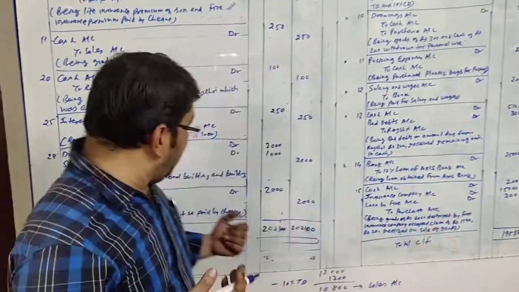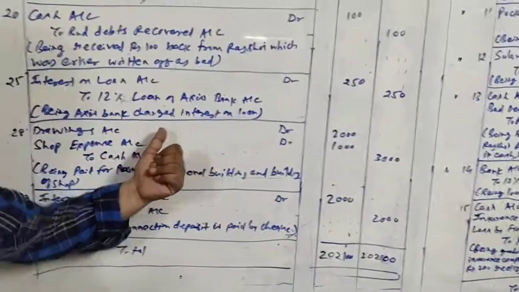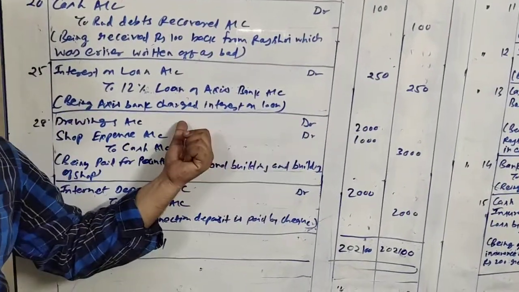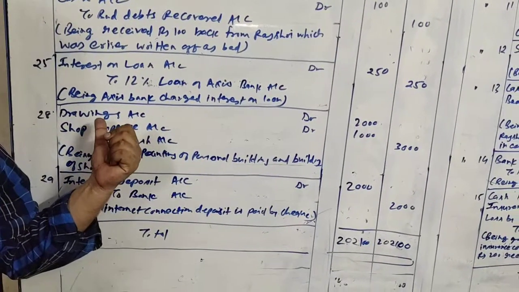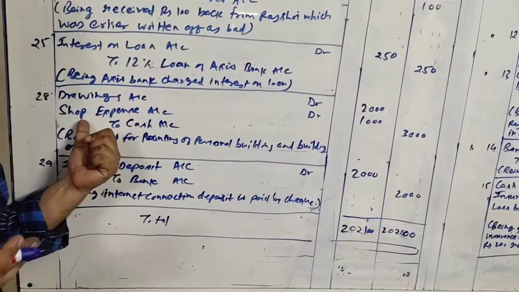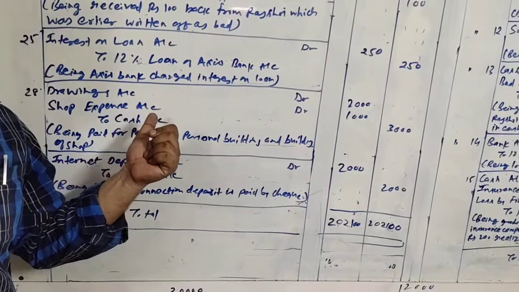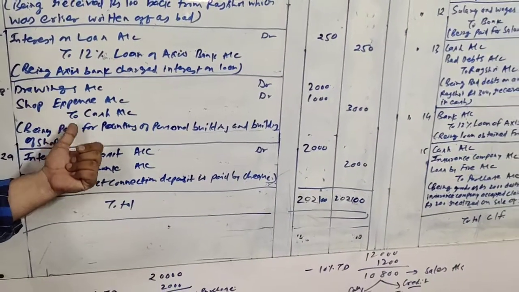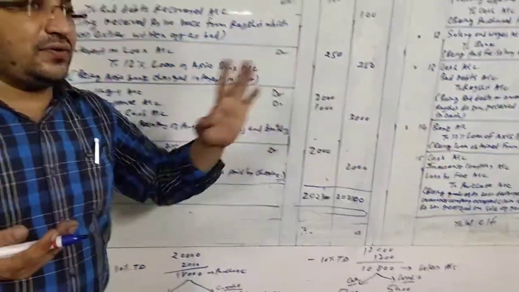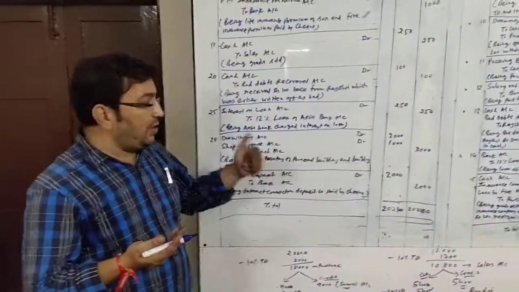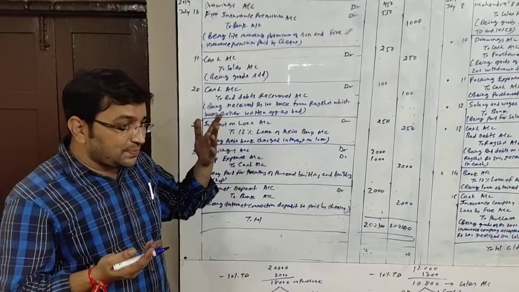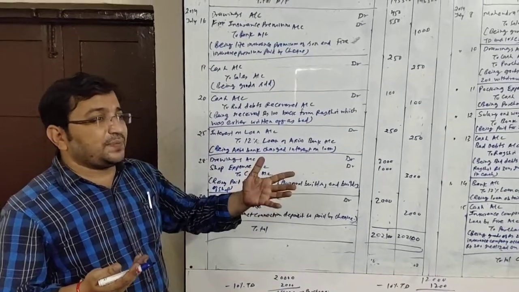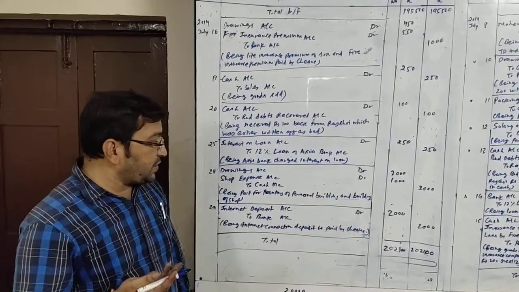So the entry will be drawings account debit 2,000, which is the painting work of the personal building, and shop expense, the painting work of the shop building, and to cash account, because the payment is done by cash, 3,000. Cash going out, it is a drawing, a personal expense, so drawings, and it is an expense of the shop, so shop expense.